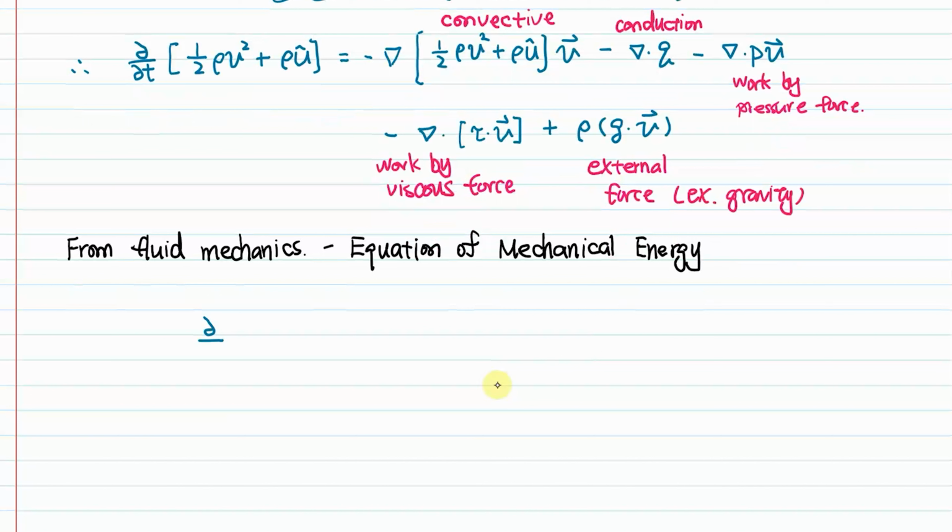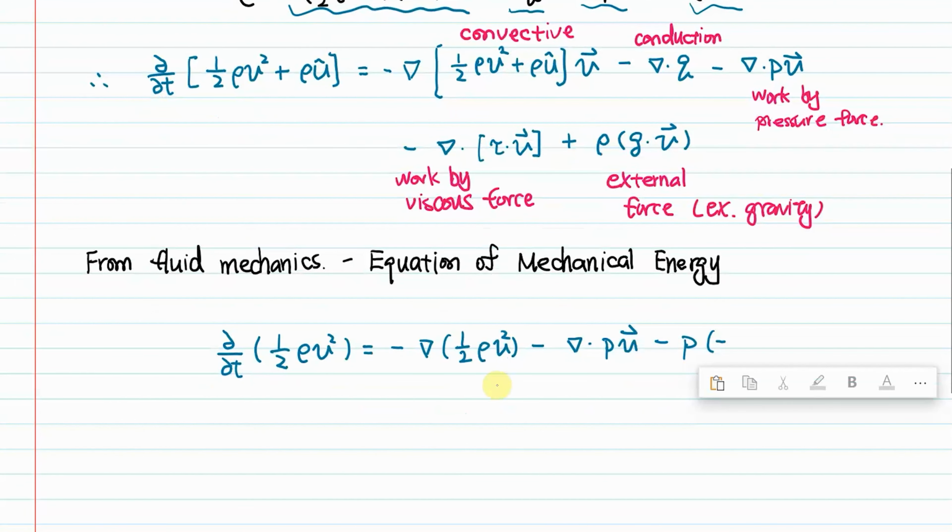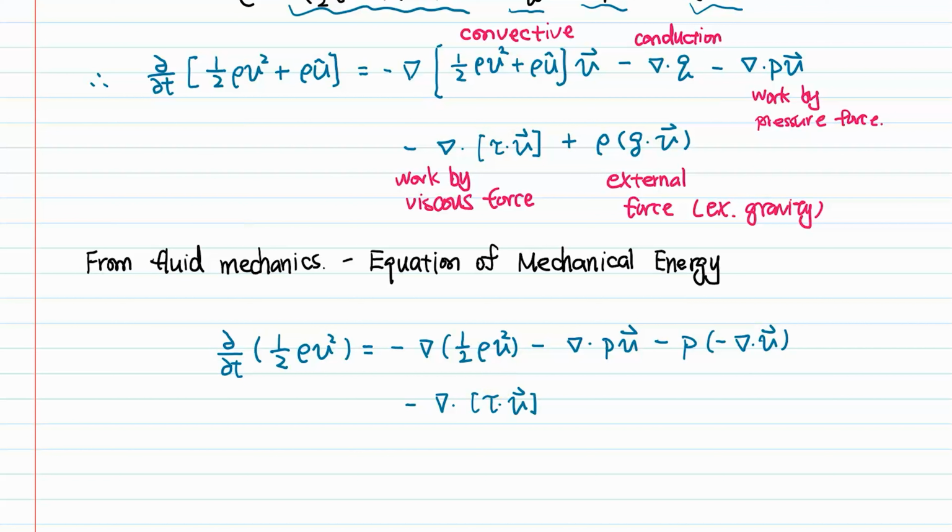So we have partial t of the mechanical energy term, 1/2 rho v squared, equals negative gradient of the mechanical energy carried by the fluid, minus gradient dot pv, minus p times negative gradient of velocity, minus gradient of shear stresses with respect to velocity.